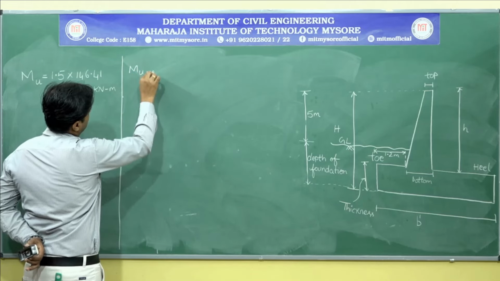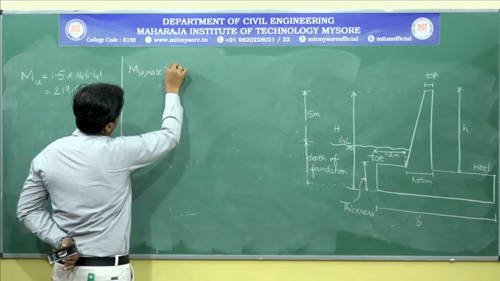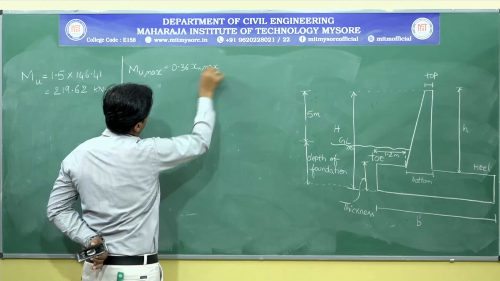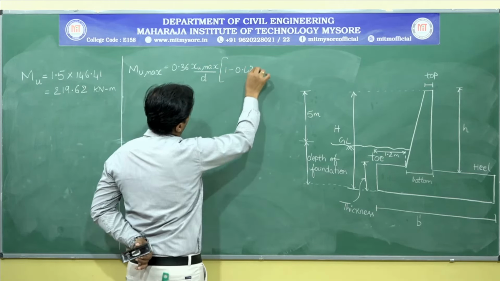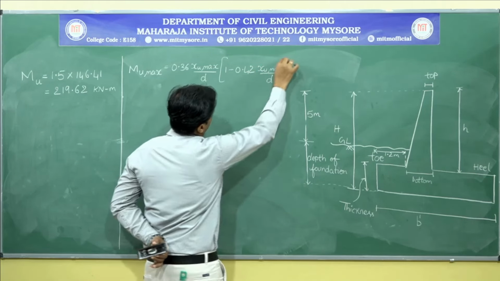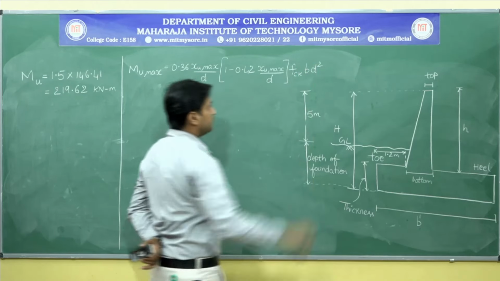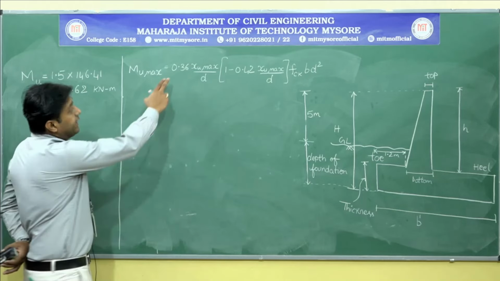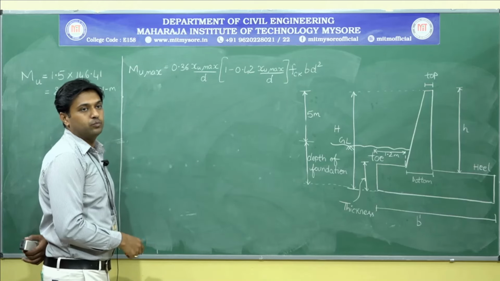Mu max is equal to 0.36 xu max by d into 1 minus 0.42 xu max by d into fck bd square, right? So using this formula, let me substitute the values and calculate that d value.